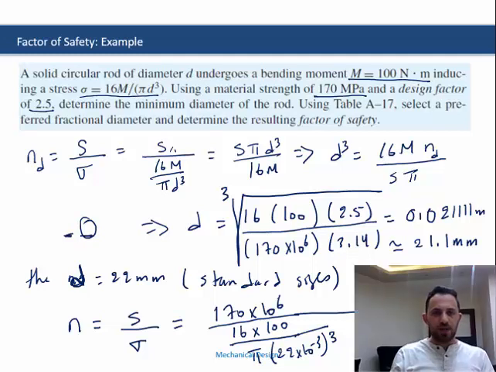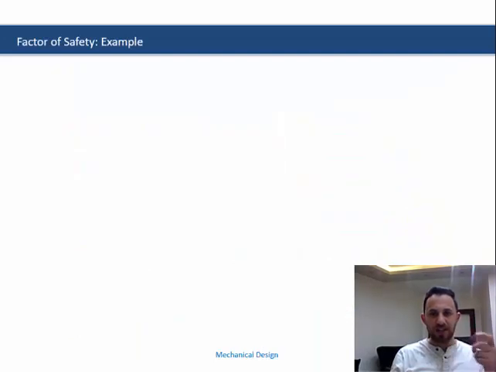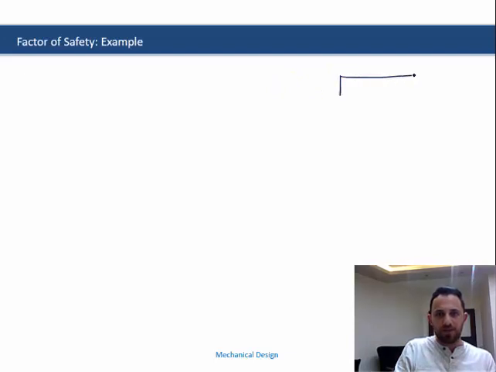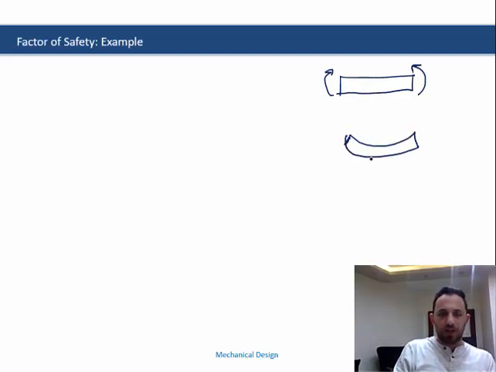Let's take another example and we see how the uncertainties in the dimensions could also affect the design process. So let's assume we have a shaft, and this shaft is under bending stress. This bending moment will induce a stress inside of the beam, and cause tension at the bottom and compression on the top.